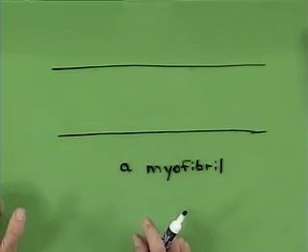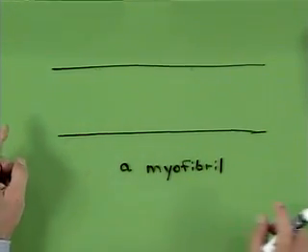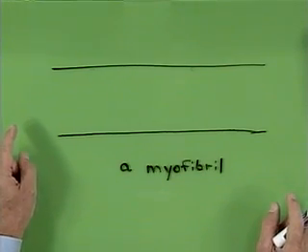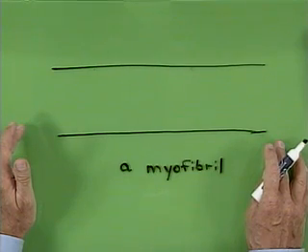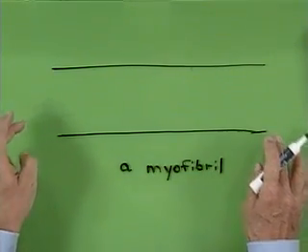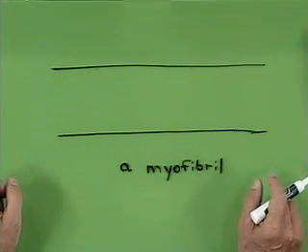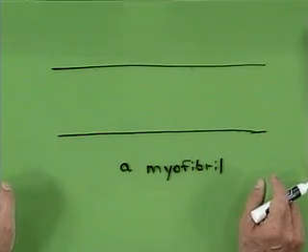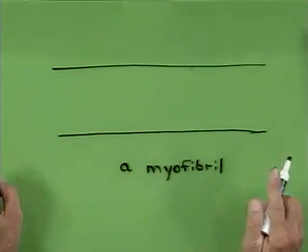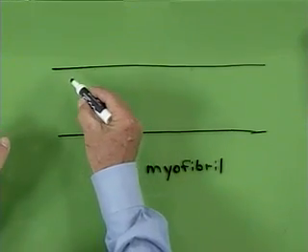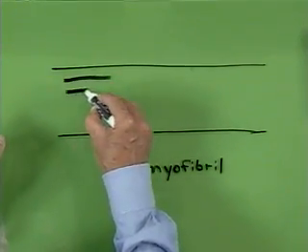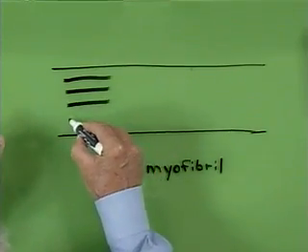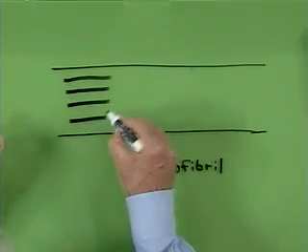If we were to take a transmission electron microscope and magnify this thing several thousand times, we could actually see the structure within that. We could actually see how the contractile proteins were arranged. And what we would see within this organelle is some stacks of relatively thick contractile proteins.